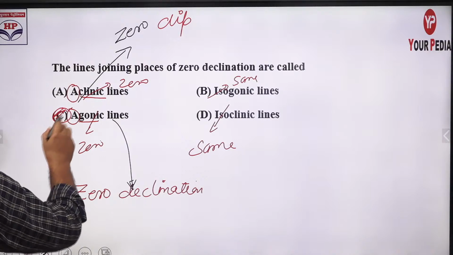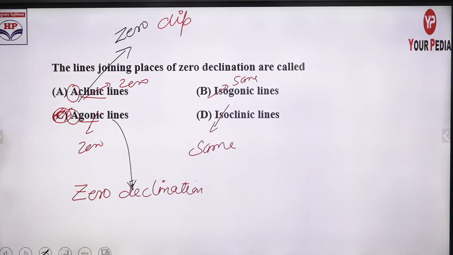Option C will be the answer. Iso means same. Whenever the A alphabet is there, then zero you have to report. So agonic is for declination, aclinic is for zero dip.